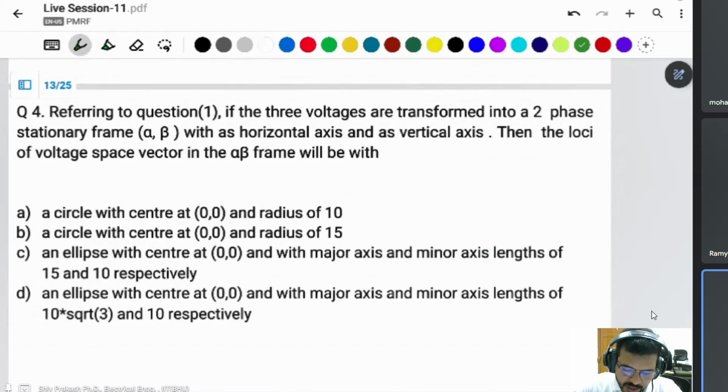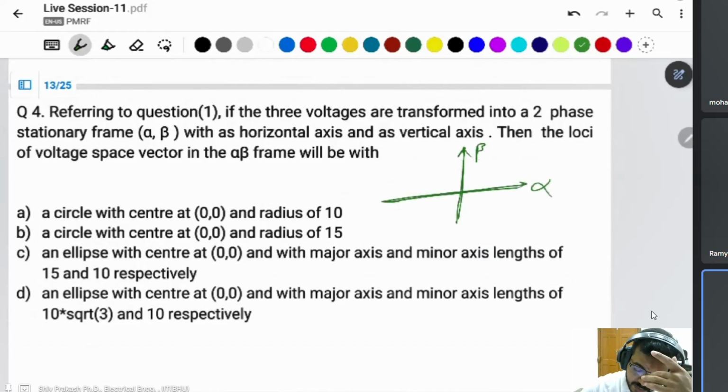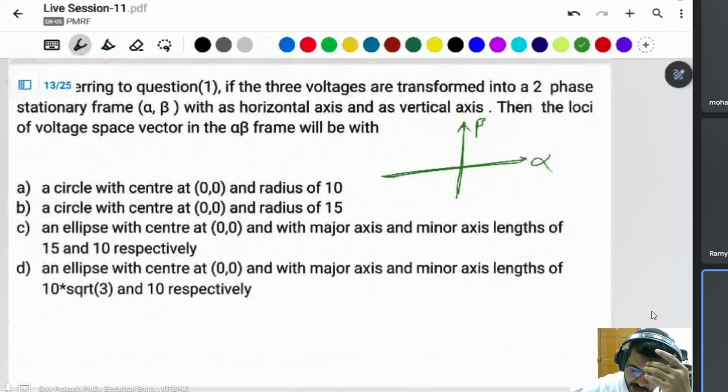Referring to question number 1, the same question: if the three voltages are transformed into the two-phase stationary frame alpha beta, with alpha as the horizontal axis and beta as the vertical axis, then the locus of the voltage space vector in the alpha beta frame will be... Now this RYB frame is stationary, and alpha beta is also stationary.